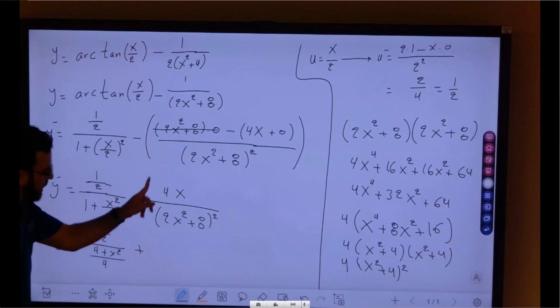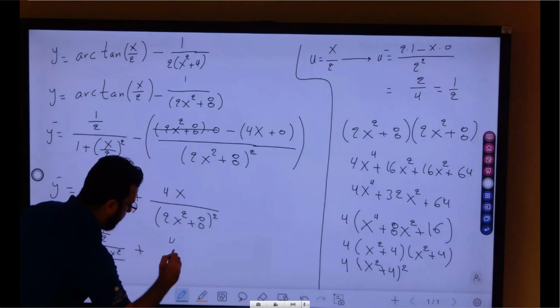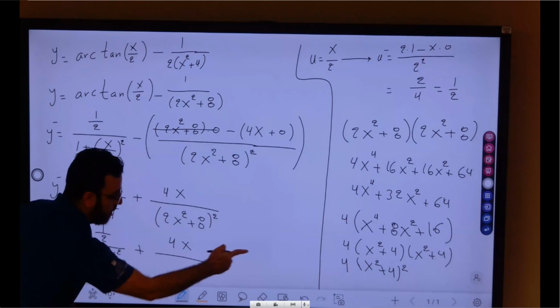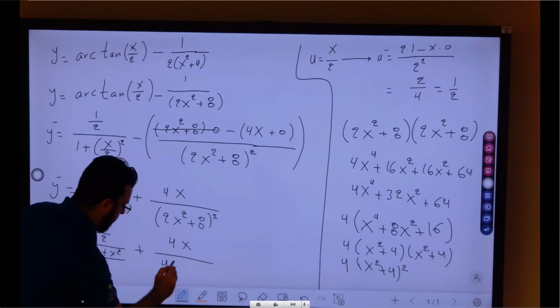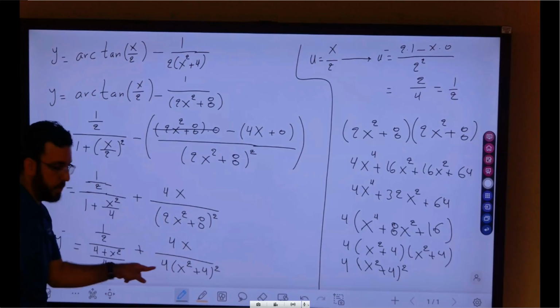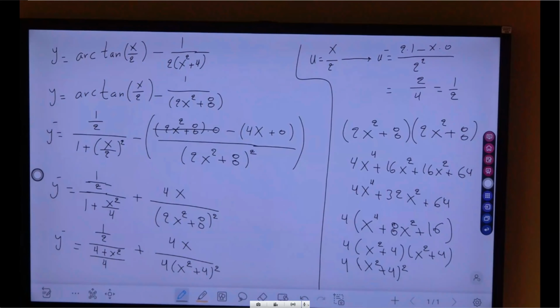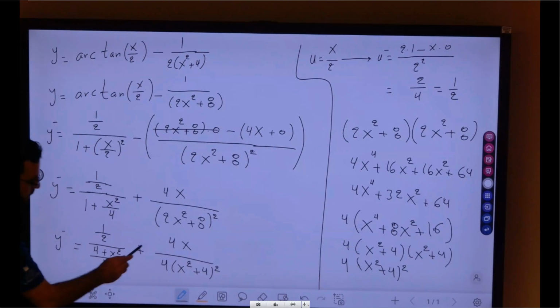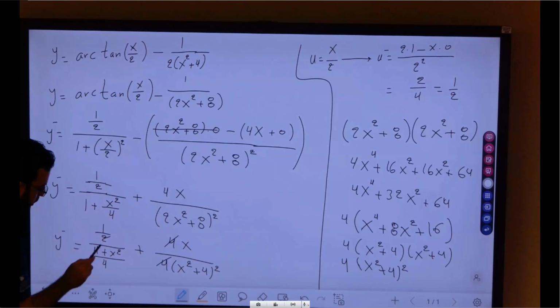So on this side, it's going to be 4x over 4 times x squared plus 4 squared. First of all, the 4 cancels with the 4. On this side, 2 with the 4, and what's left is 2, right?